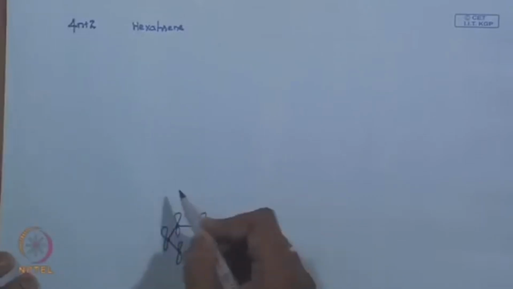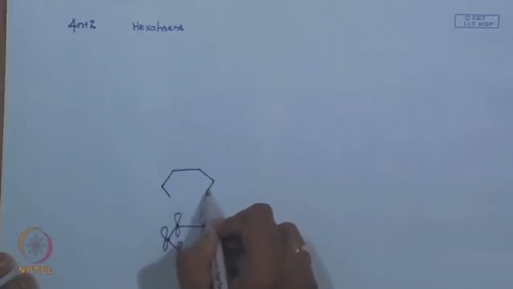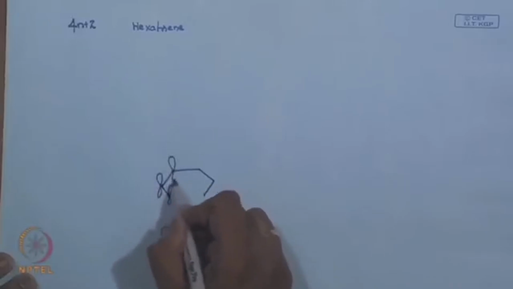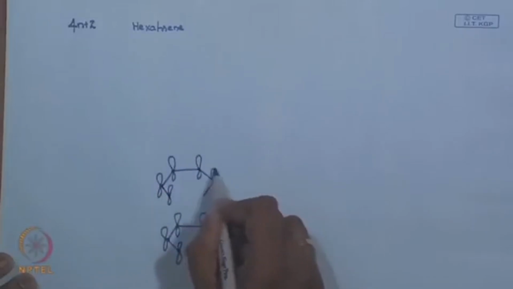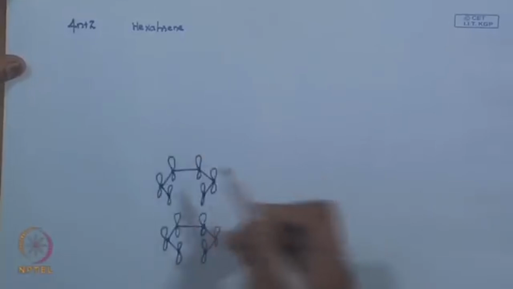So, this is a pi 1. First I will try to draw your bonding.